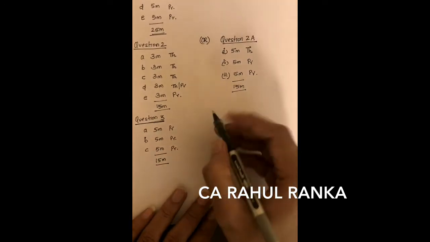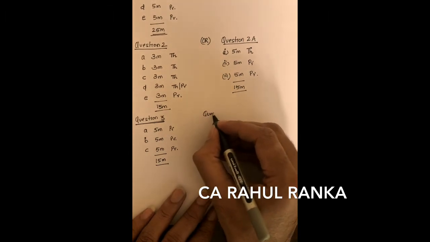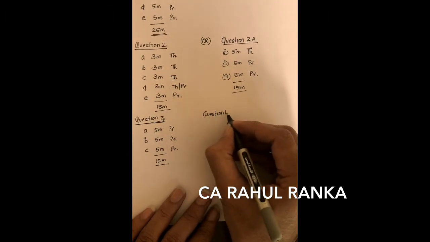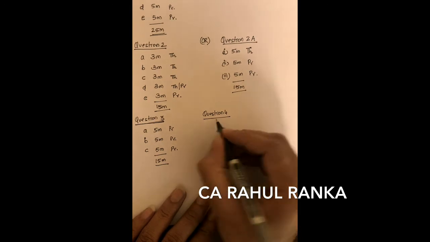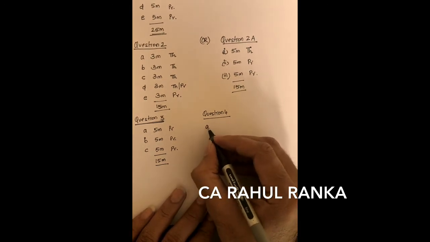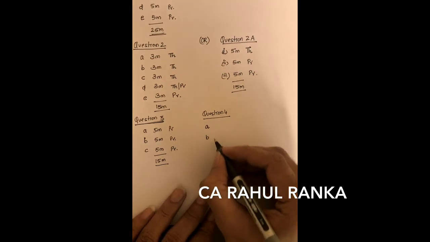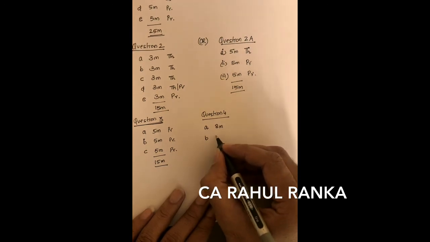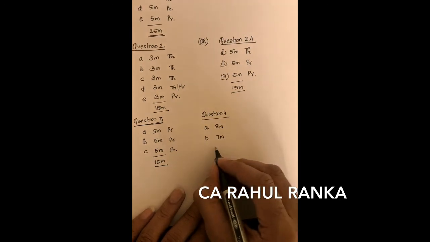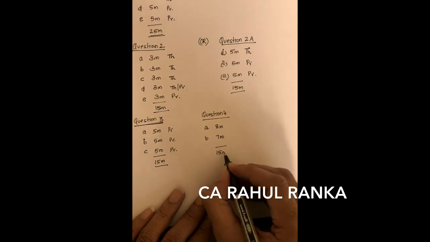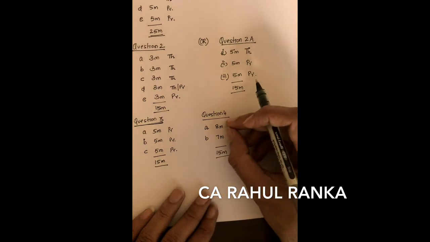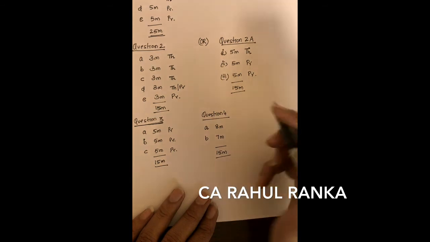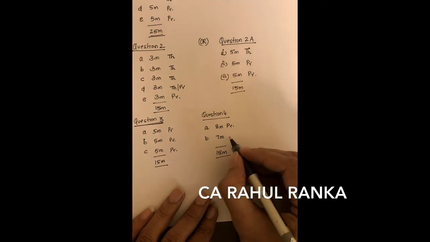And then you have question number 4, which consists of A and B. Only 2 parts, 8 marks and 7 marks. Again the total is 15 marks, but the weightage of each bit is more here, and both are again going to be practical.